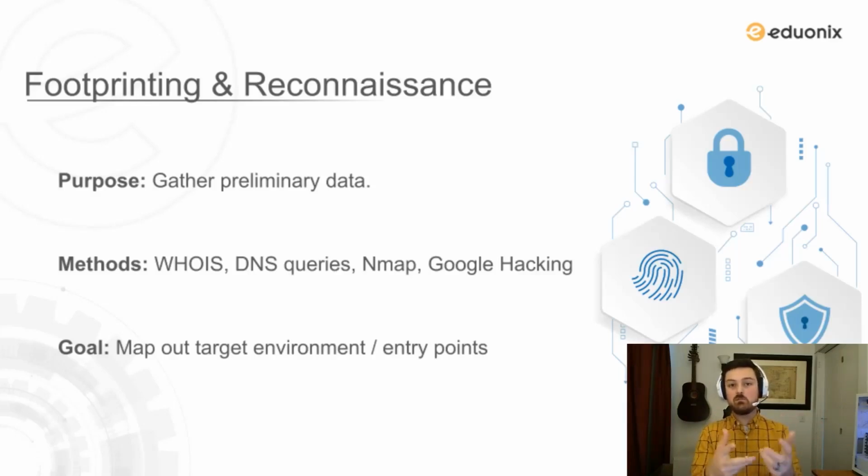We can employ tools like Whois for domain registration lookups, DNS queries for network structure analysis, and Nmap is a really great tool for identifying open ports and services. And then there's also Google hacking to find hidden information and maybe sensitive data that's exposed unintentionally. This phase is really critical for helping us plan our attack vectors and understand the potential weaknesses that we're going to try and exploit.